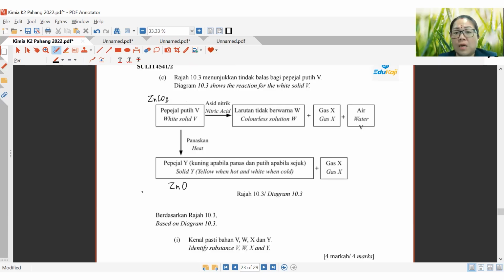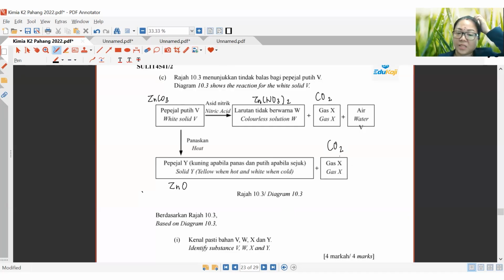Otherwise all are insoluble. So very obvious it is zinc carbonate, meaning this colorless solution will be zinc nitrate plus CO2. So this one will also produce gas X, it's CO2.